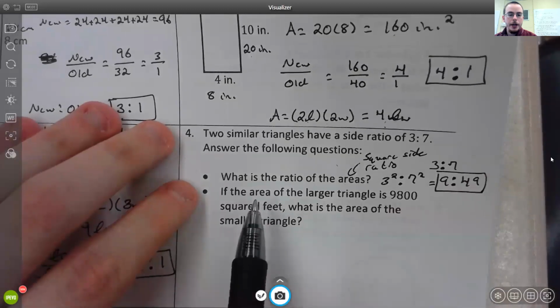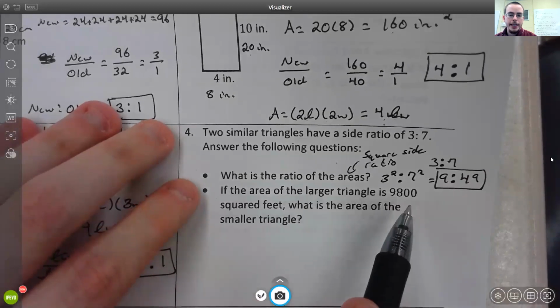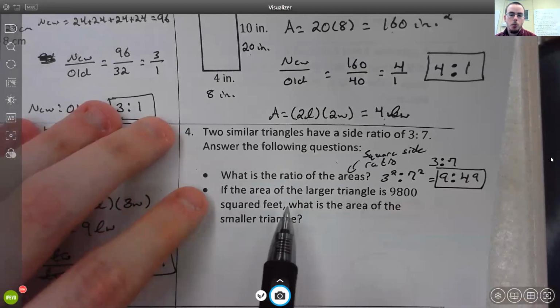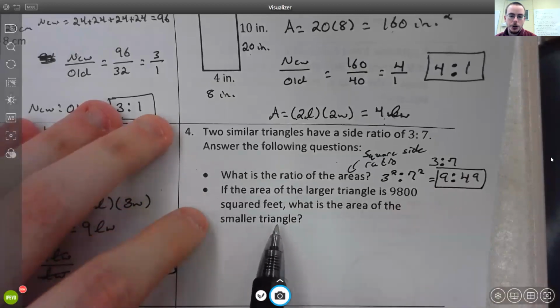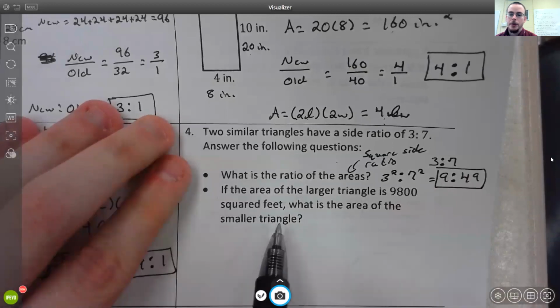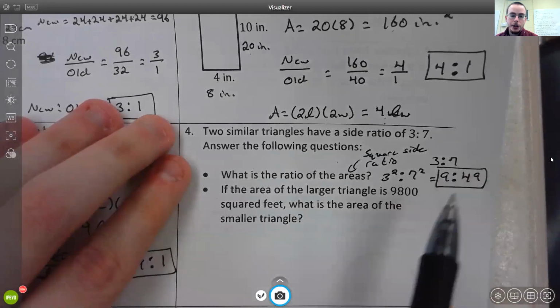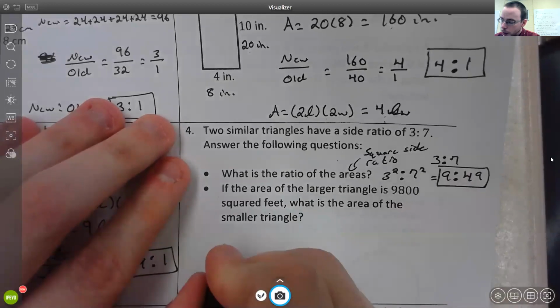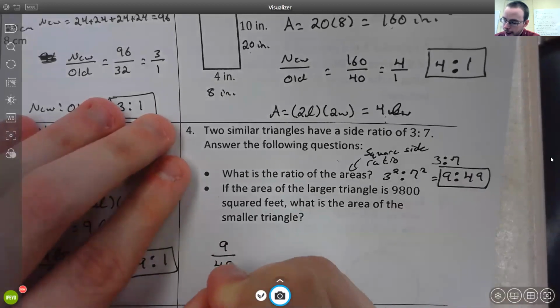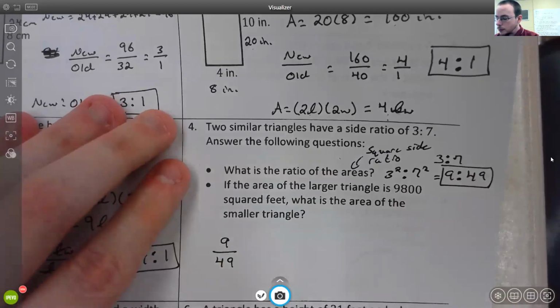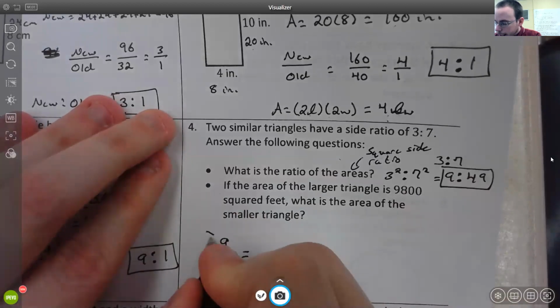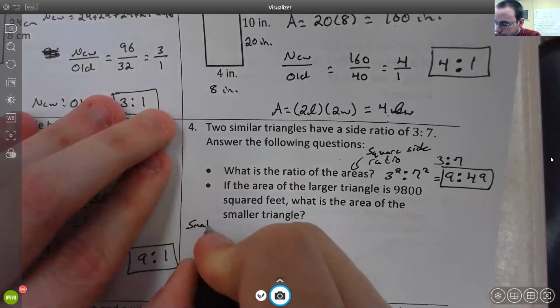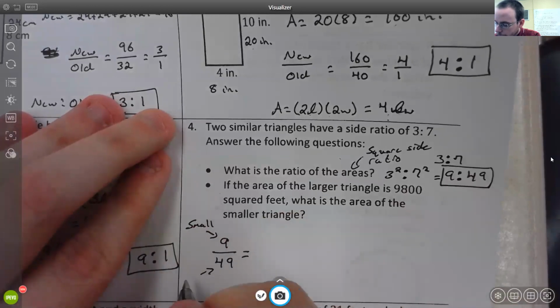Next up, if the area of the larger triangle is 9,800 square feet, what is the area of the smaller triangle? Okay, so our ratio of the areas, we're looking for an area here, so we're going to need to use that ratio. So we're going to write it as a fraction, 9 over 49. 9 is your small triangle, and 49 is your large one.